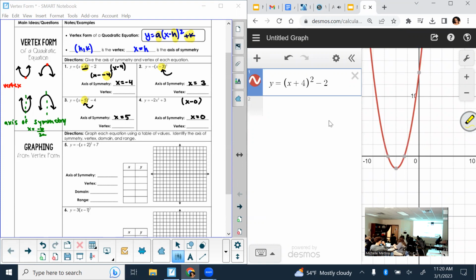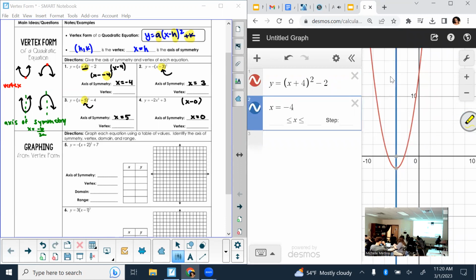All right, and our task is to find the axis of symmetry, which is that imaginary line that goes down the middle and makes it symmetrical. Well, like what we said it was is x equals -4. Does that go down the middle of this U shape? So that's the way you could check your answer.